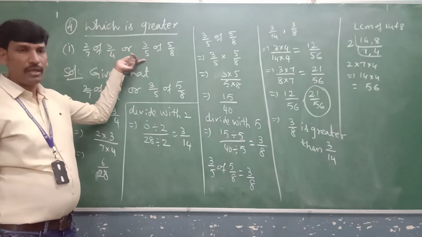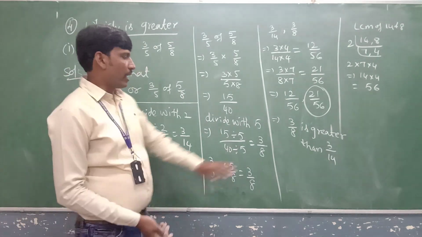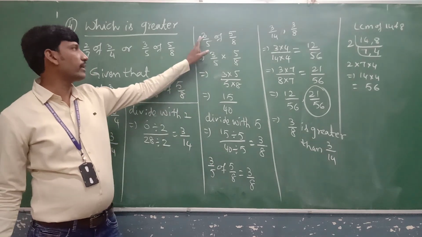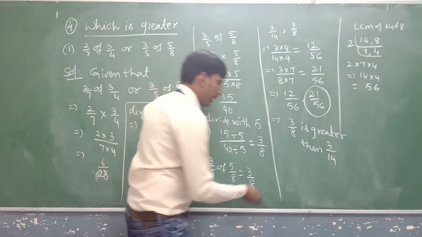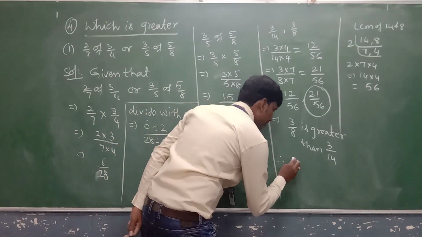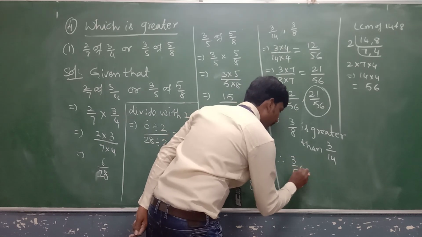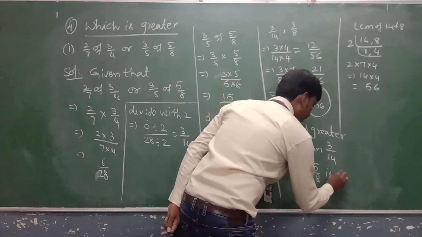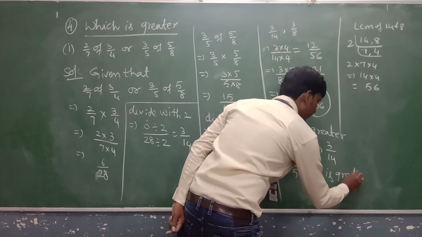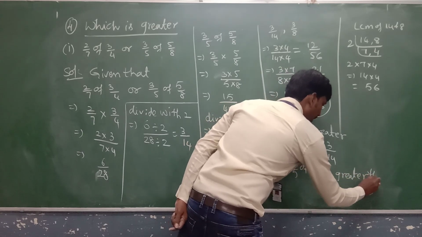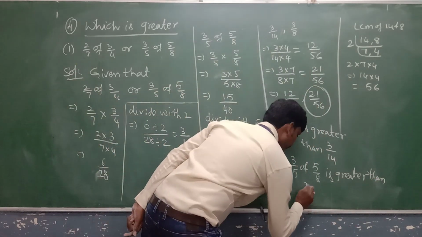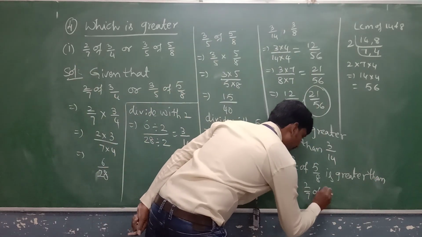Finally you should write this question. So therefore, according to this 3/8 is nothing but what's the value? 3/8 is nothing but 3/5 of 5/8. So therefore, the final statement is 3/5 of 5/8 is greater than what is the value? 2/7 of 3/4.